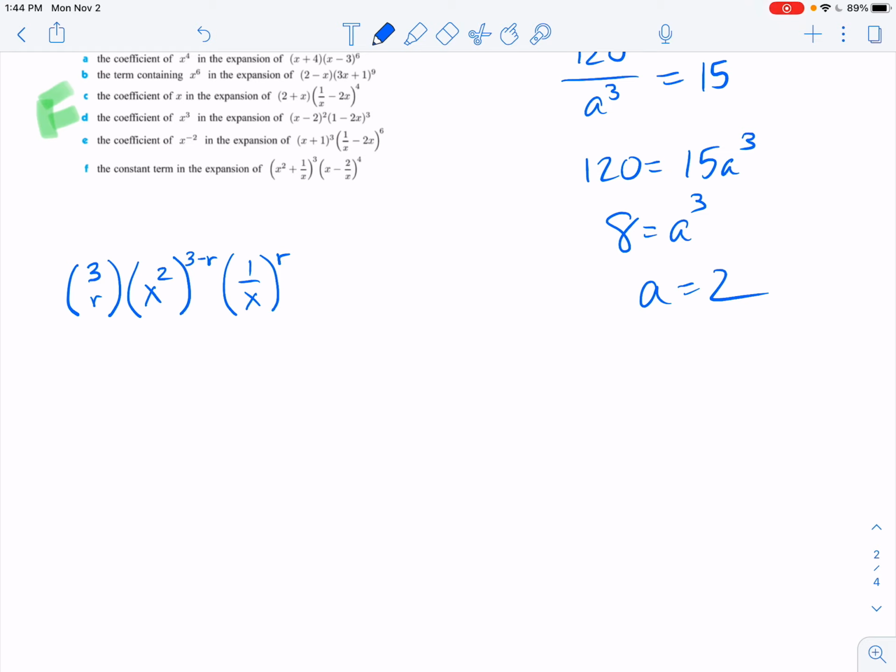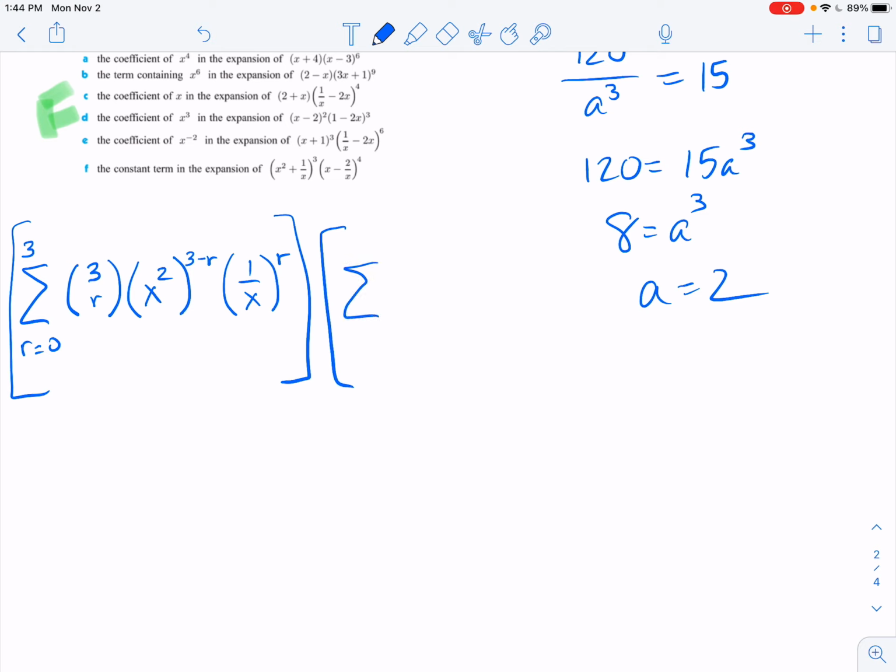The first part here, it's the sum as r goes from 0 to 3 of that. So that would give me all 4 terms when I plug in 0, 1, 2, 3. And then, is this the best way to do it? Okay, maybe I should come back in a second.